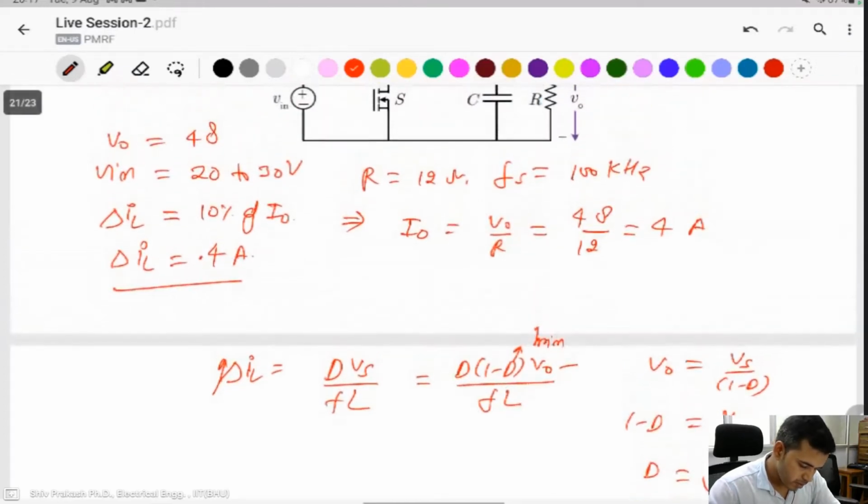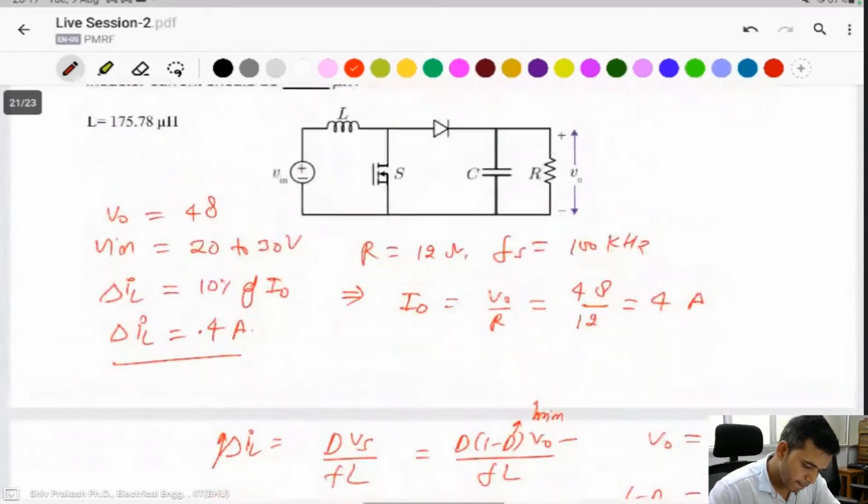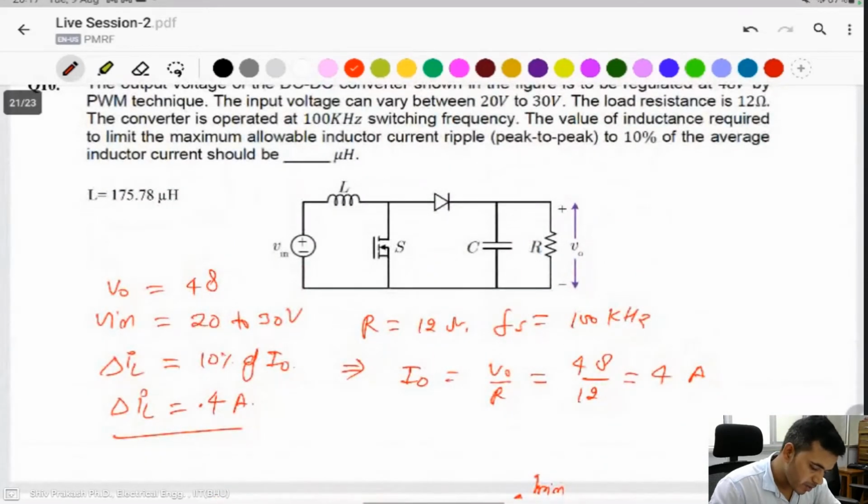The minimum value is also required to limit the maximum inductor current ripple.